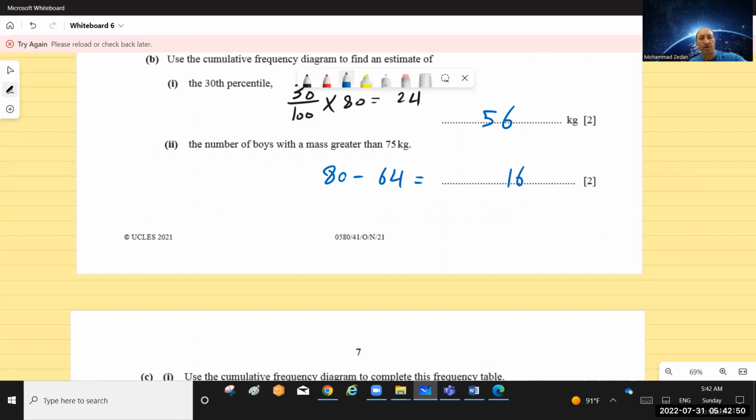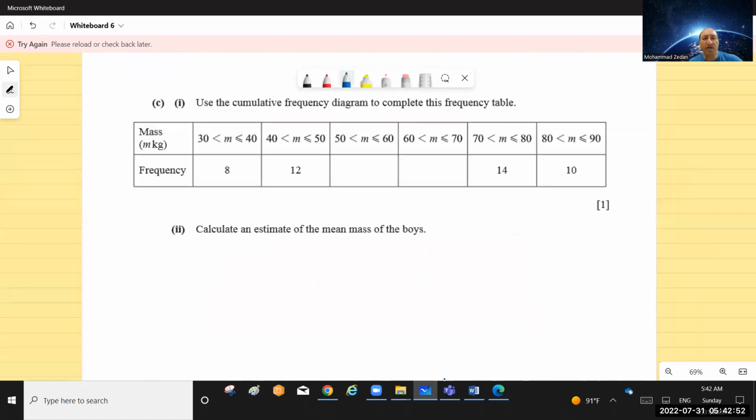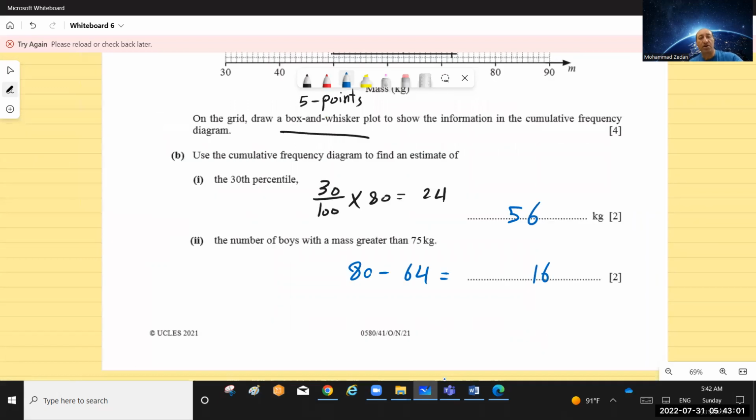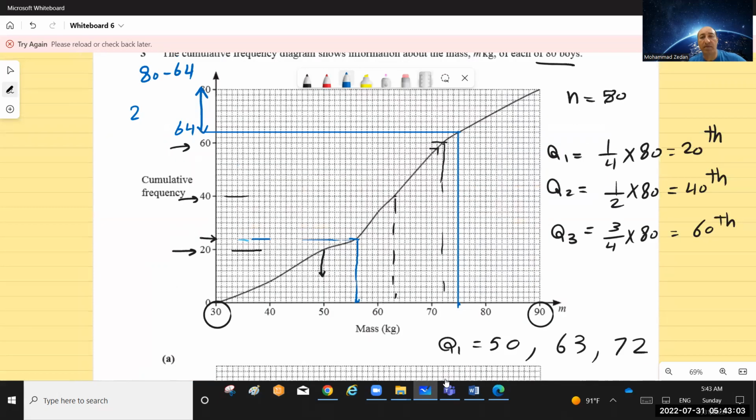The next part, use the cumulative frequency diagram to complete this frequency table. For the class 50 to 60, you go to the cumulative frequency and calculate the difference between 50 and 60. Let me show you. This is 50 and this is 60.